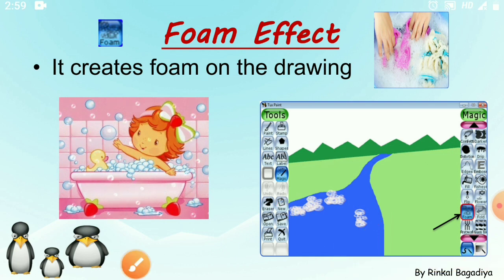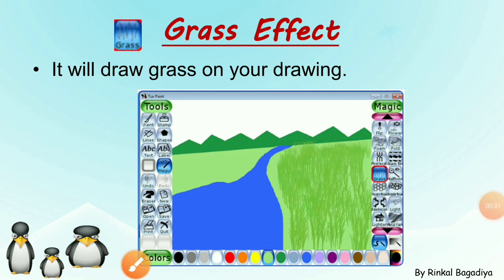Okay. Our next tool is Grass effect. Children, as its name, grass effect tool draws grass on your drawing. It will draw neat and tidy green grass. You will find the grass tool in the sub-tool box of magic tool.